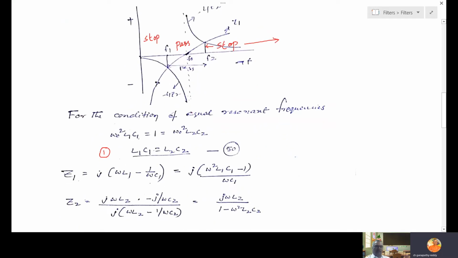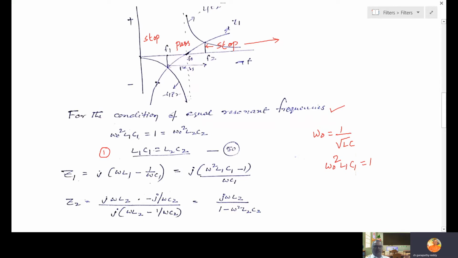To work like a band pass filter, what is the condition we discussed? The condition of equal resonant frequency, so series and parallel should be equal. What is the resonant frequency? We studied earlier, omega naught equal to 1 by root LC. But here, series L1 C1, so omega naught square L1 C1 is equal to 1.